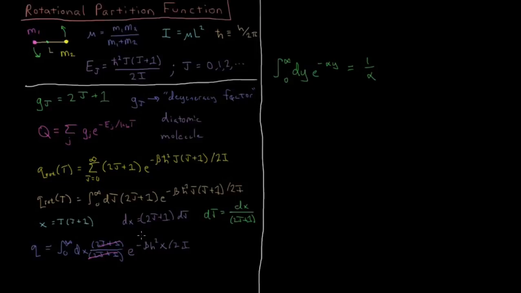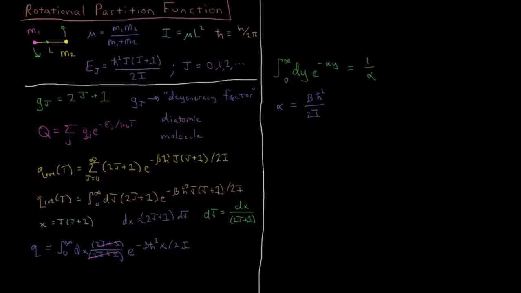So if we go down to our integral here, we have beta h squared, and this is h bar squared, I want to note. I kept h bar everywhere else. Okay, so we have beta h bar squared over 2I. So writing that down, we have our alpha equals beta h bar squared over 2I.